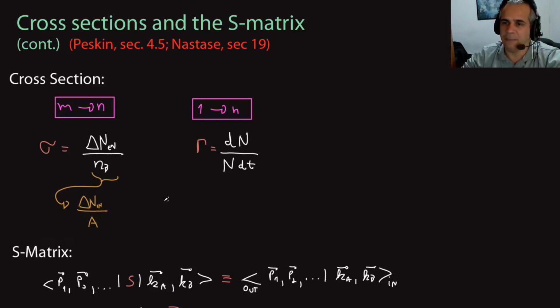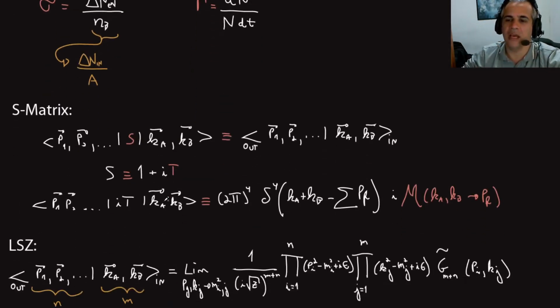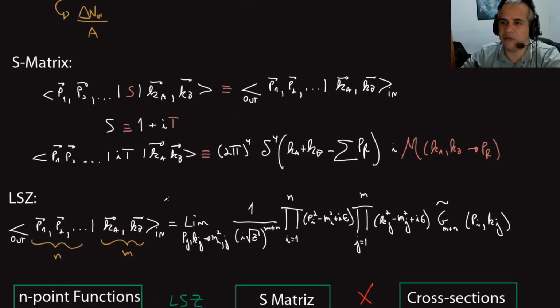And then in order to make some contact with the endpoint functions that we have been developing, I defined the S matrix. So the S matrix is this evolution operator here that makes the contact between an asymptotic state in the infinite past and an asymptotic state in the infinite future, right? So the job of the S matrix, in the limit where this is defined at a time infinitely distant from this one, is to do the whole transition.